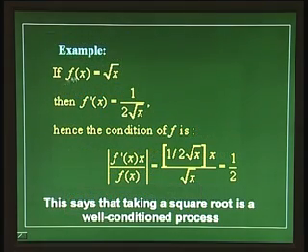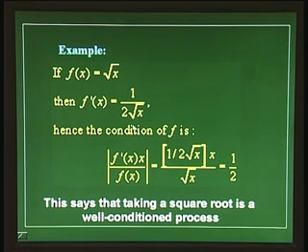Let us say we want to compute the square root of x. So we have the function f of x as square root of x, and now we have an approximation for x, and the question is how does it get amplified, or how does it reflect on the function, square root of x. What is the derivative of f of x here?